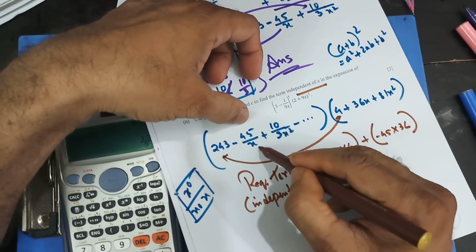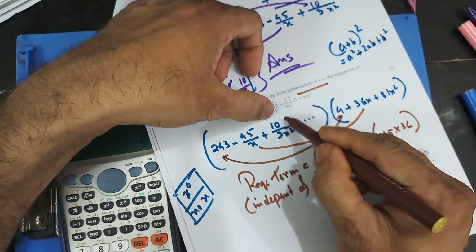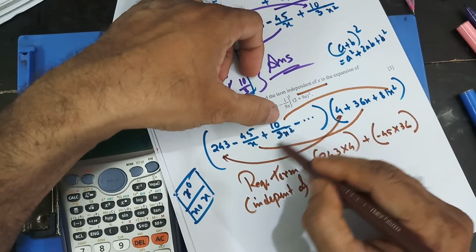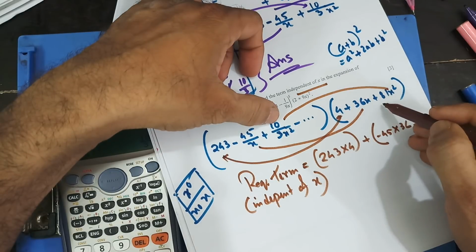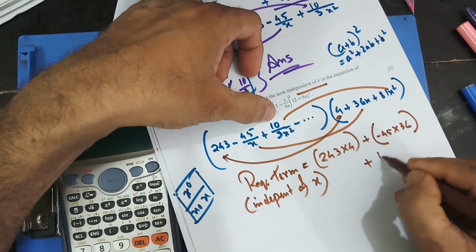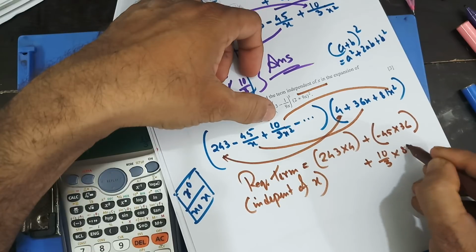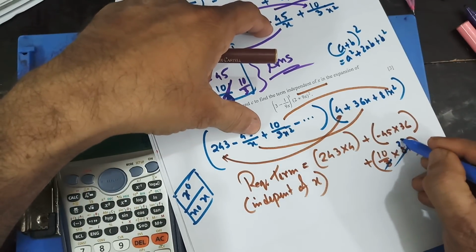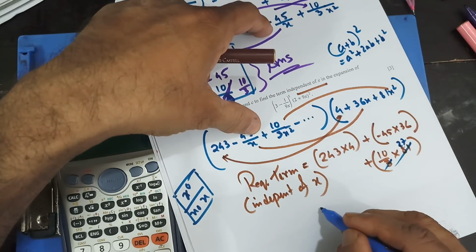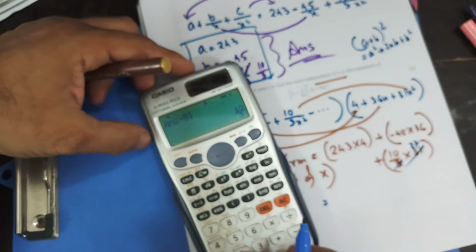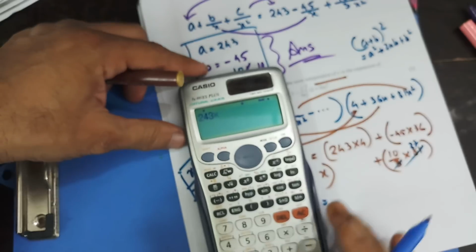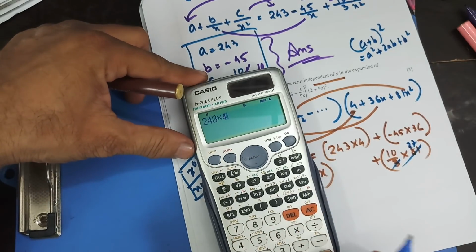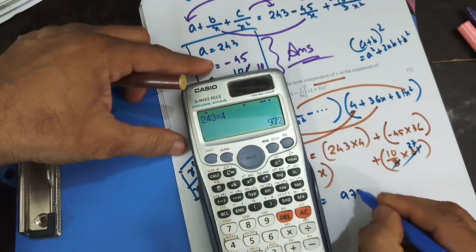So this and that, and this two, when I multiply, the x square in the denominator and x square in the numerator cross out, so that's going to be 10 by 3 times 81. So I can cross this one, 27, so that's going to be 243 times 4, which is 972.